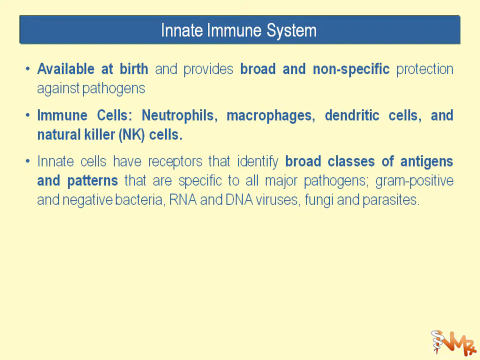These innate cells have receptors that identify broad classes of antigens and pathogens that are specific to all major pathogens, such as gram-positive and gram-negative bacteria, RNA or DNA viruses, fungi, or parasites.